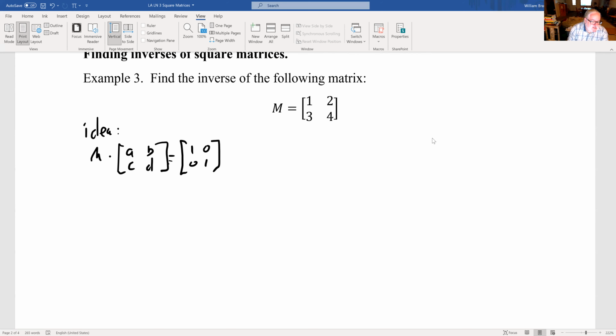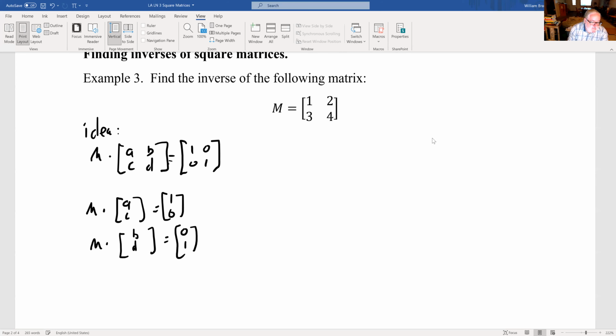There are two different things here. One is that m times the vector AC should be equal to 1, 0, and m times the vector BD should be equal to 0, 1.